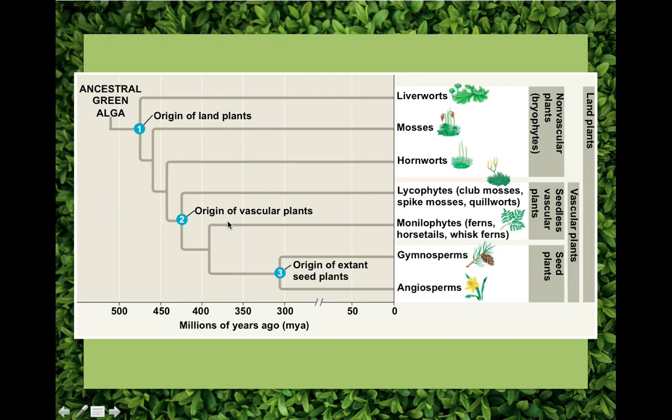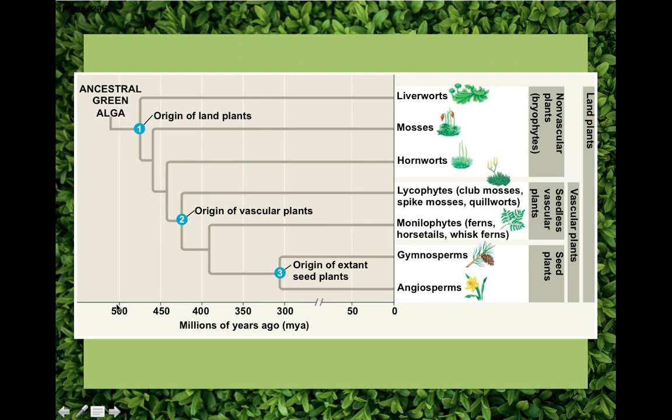changes in these plants. And so we get things like the lycophytes, and what our text calls the monilophytes, which are what I'm going to tell you are 3 different phyla of plants. And then we finally get seeds in our plants, which gives us our conifers and other gymnosperms and our daffodils and other flowering plants that are our angiosperms. And here you can see the relative scale of things.